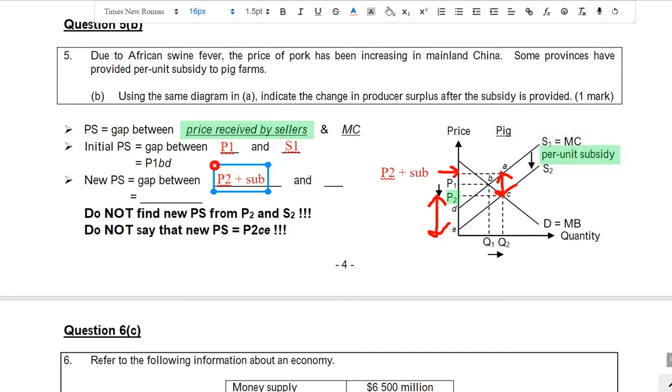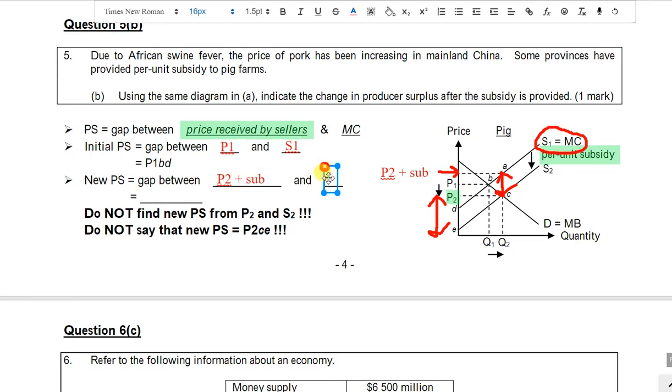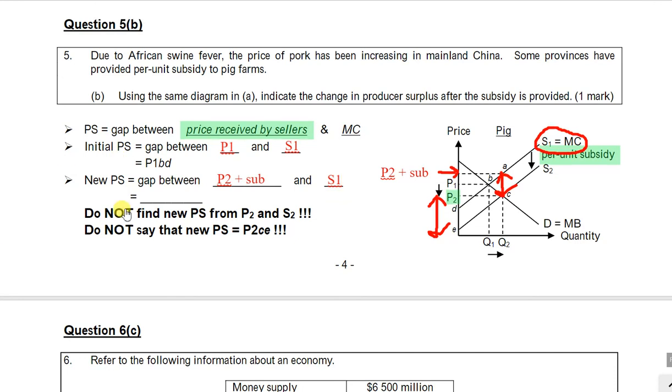And the marginal cost is always equal to the supply curve without any subsidy, without any tax, and without any quota. So that means in this case, the marginal cost is still equal to S1. And to find out the producer surplus, I mean the new one, what you need to consider is P2 plus subsidy and also S1, but not S2. Then where is it?